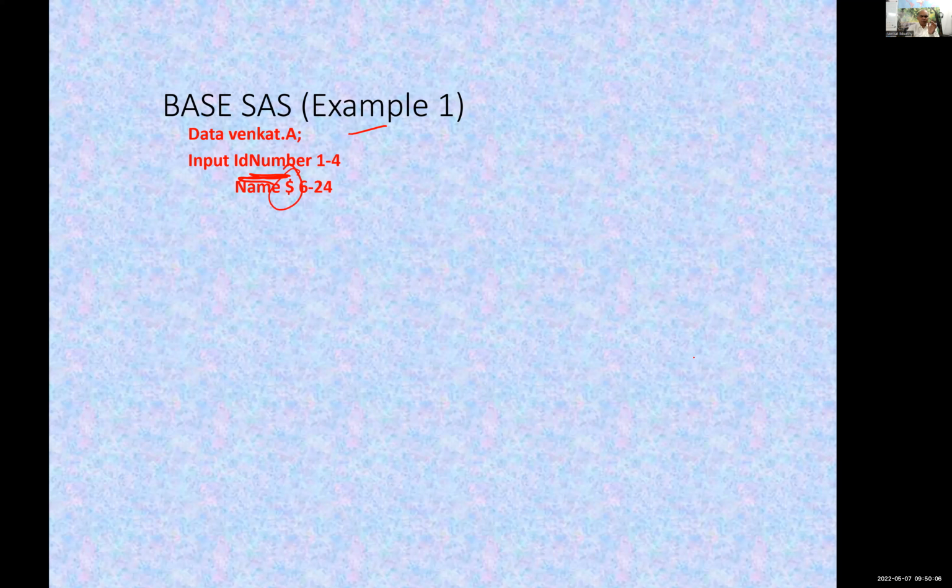Data here is of 2 types: one is character and the other one is numeric. How is SAS going to recognize whether it is character or numeric? If it is a character, you need to specify a dollar symbol. If it is numeric, it is not necessary. If you are not specifying the dollar symbol, SAS is going to recognize that as numeric.